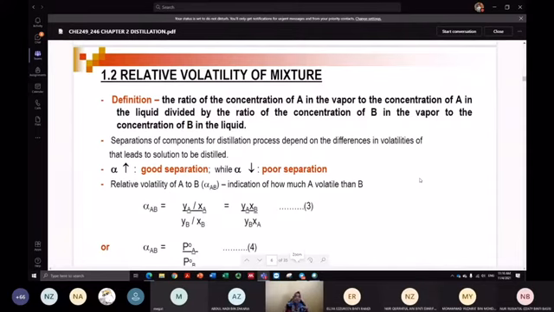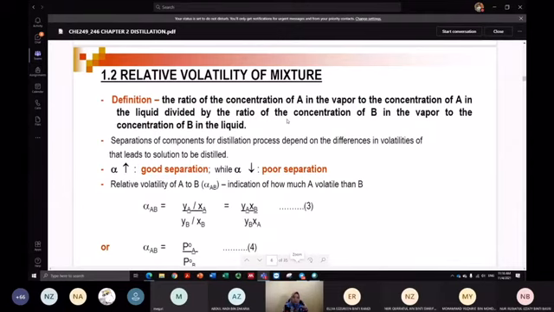So when you talk about relative volatility of the mixture, this is very important because you should know the initial information before you decide to use a distillation process or not.